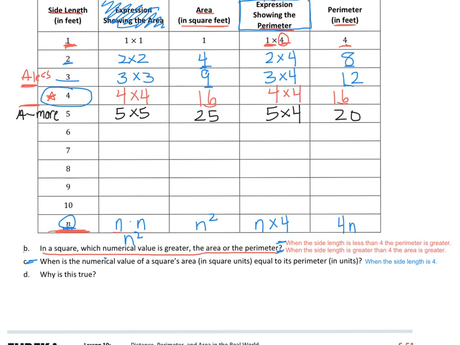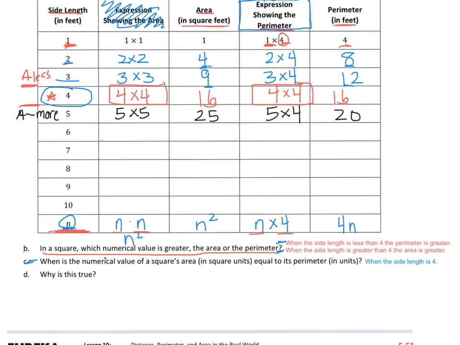Because n times n is the same at 4 when we do n times 4. Meaning, this one right here, 4 times 4, that expression is the same as this expression. So when the expression for area and the expression for perimeter are the same, the area and perimeter are going to be the same. And the reason why it's at 4 is because this is a 4-sided shape.